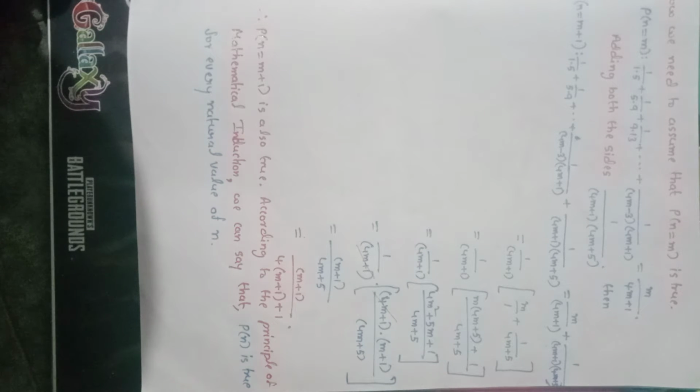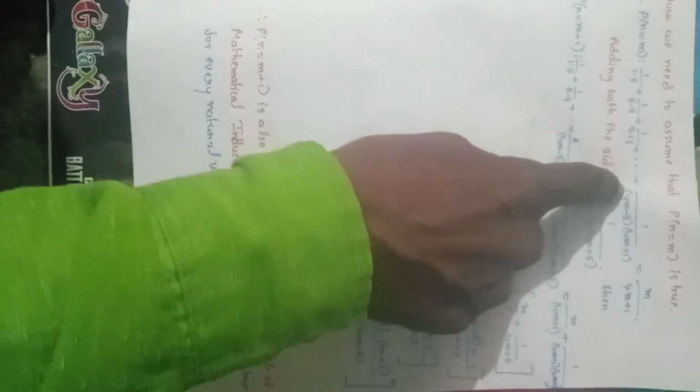So in the principle of mathematical induction, we need to assume P of n for n equal to m is true. So if P of m is true, we write the statement as 1 by 1 into 5 plus 1 by 5 into 9 plus 1 by 9 into 13 plus so on. Wherever the n, we should write m there.